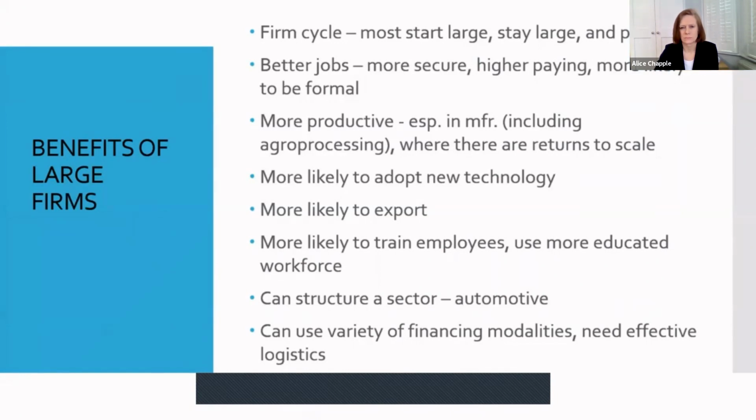Some of the auto parts makers were actually spin-offs from when the firms were more vertically integrated. But this is an example of how they structure the sector and create better jobs in the medium firms as well. And they also can use a variety of financing modalities, including financing from venture capitalists, et cetera.